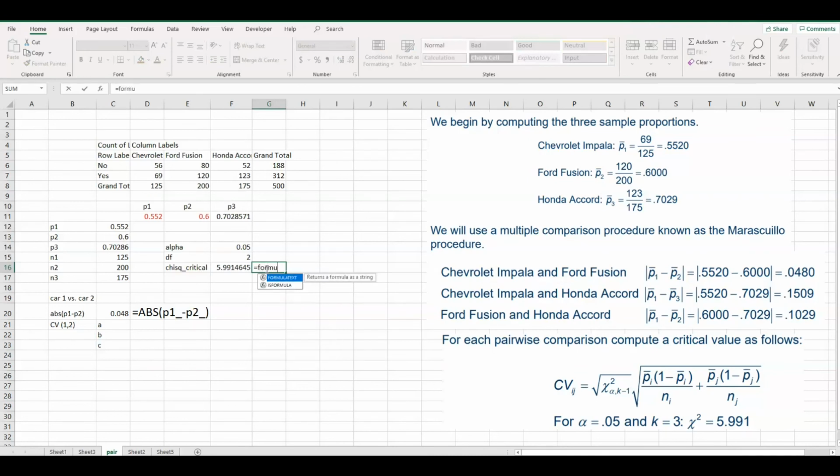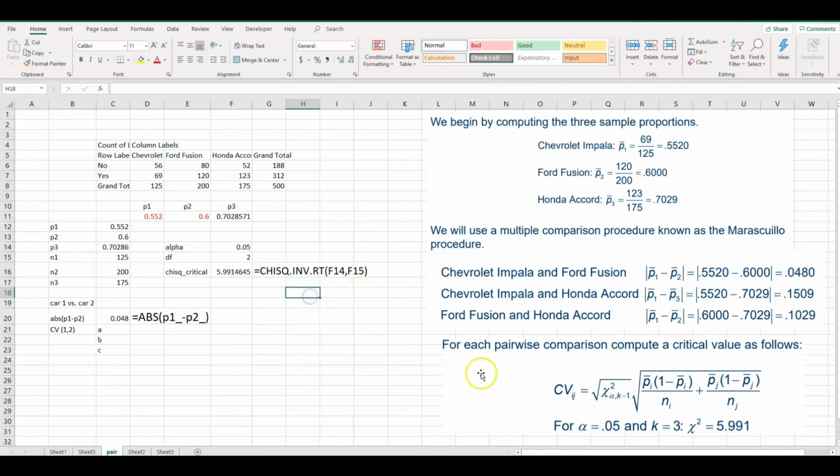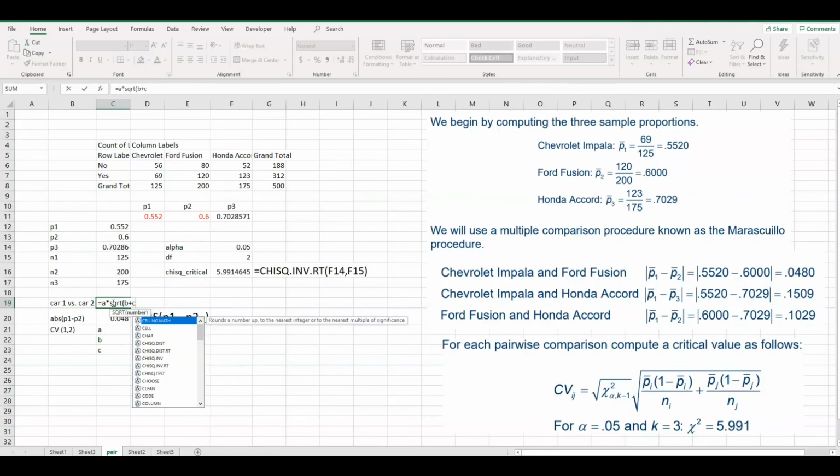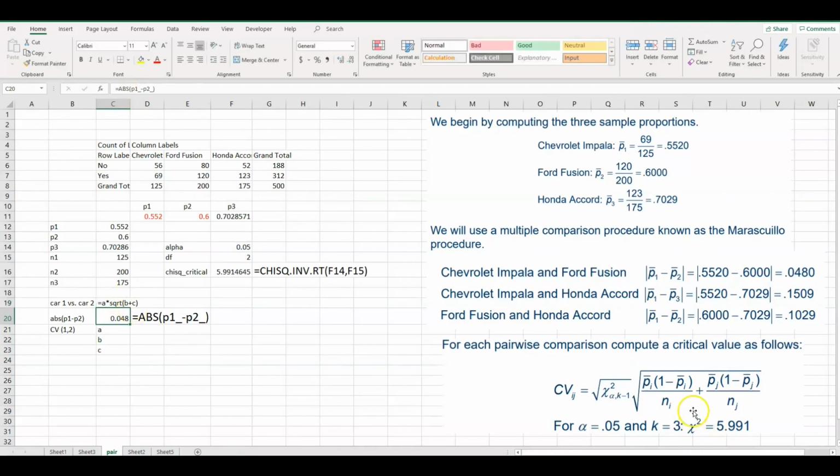Show the formula. So what is the A value? Actually, the critical value equals A times the square root of B plus C. To make it easy, A is the square root of the critical value.